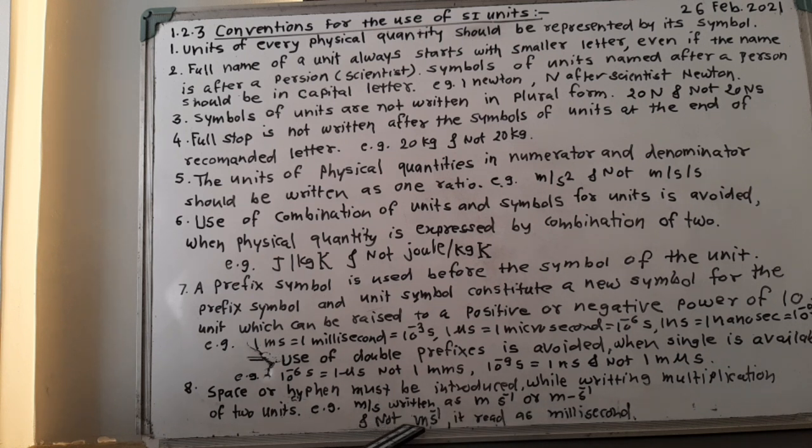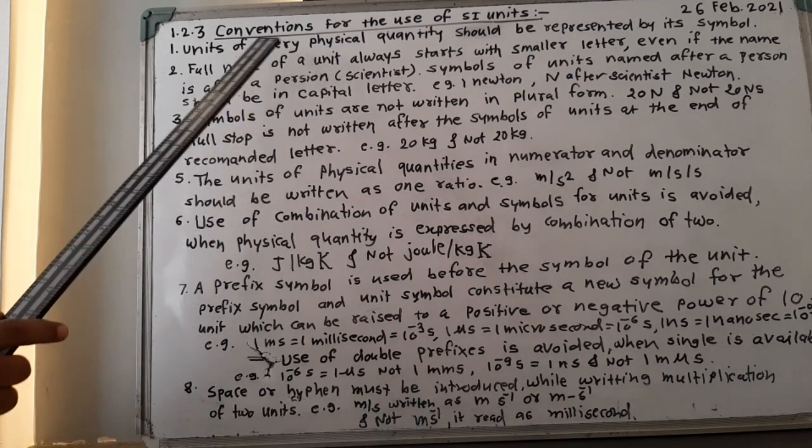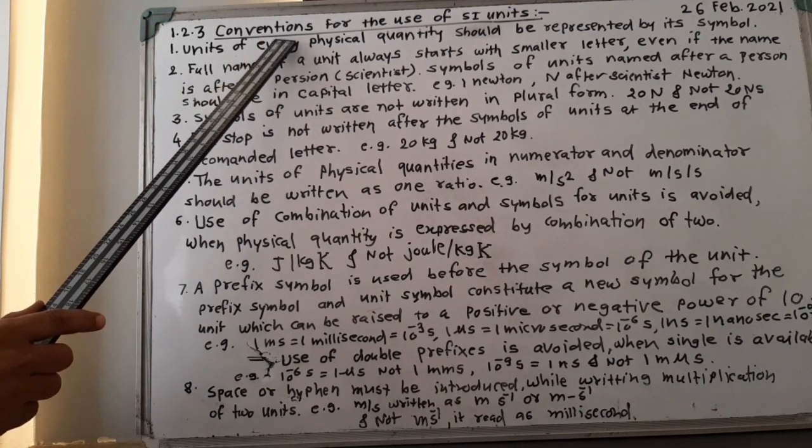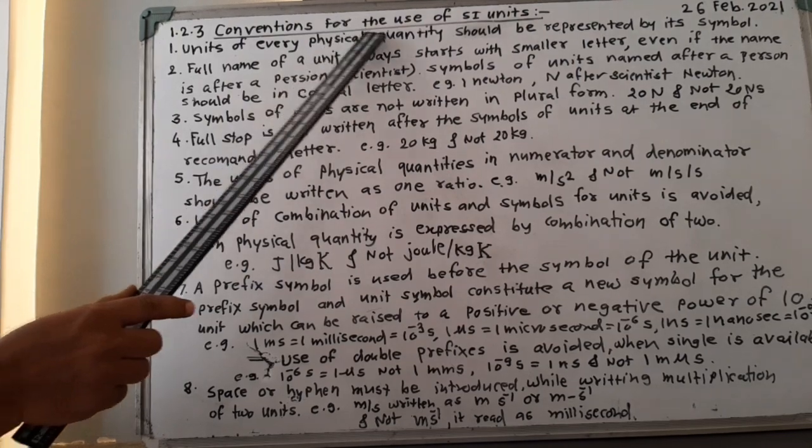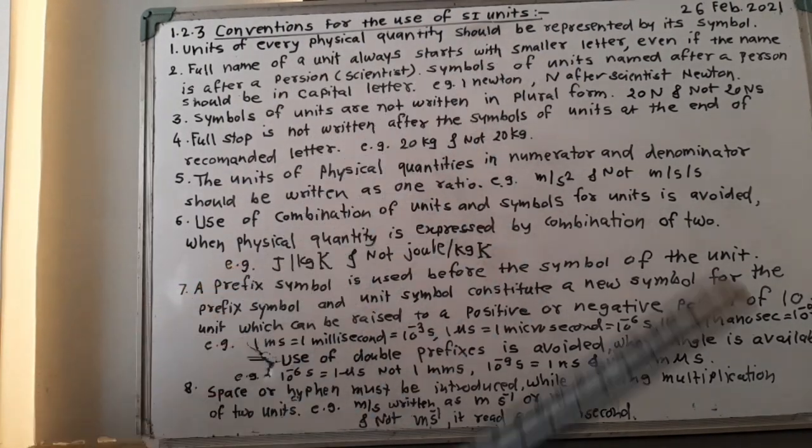And it should not be written like this, meter second raised to minus 1, with no space here. If you write it like that, it will read as millisecond. So that will be a confusion here, and therefore we are using these rules or the conventions for the use of SI units.